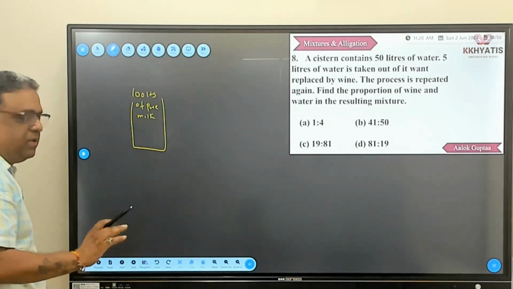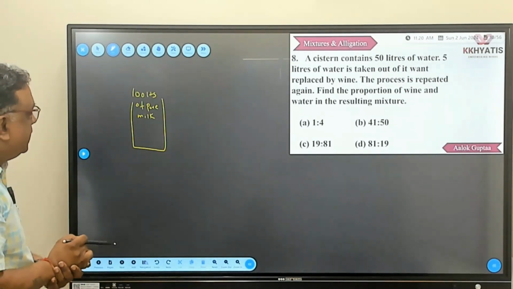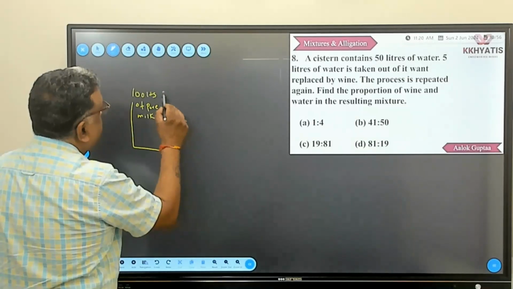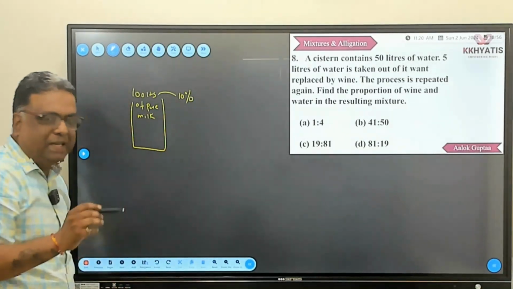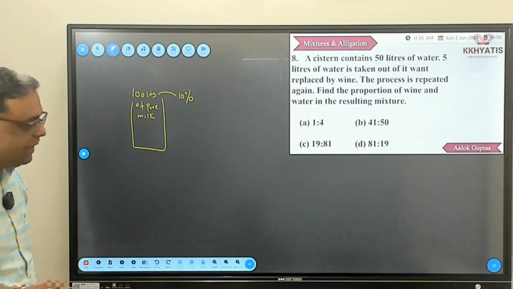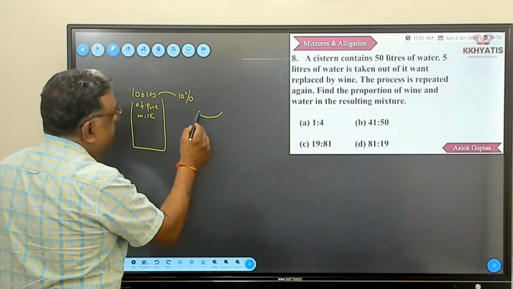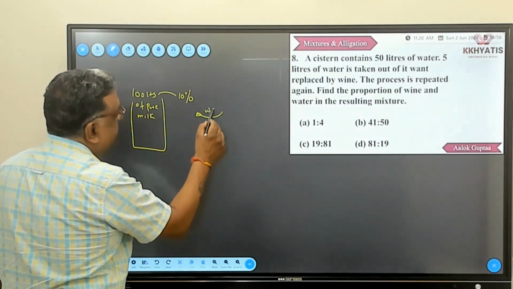And this vessel is completely filled. Now let us say if I remove 10% of milk from this vessel and I replace that with water.